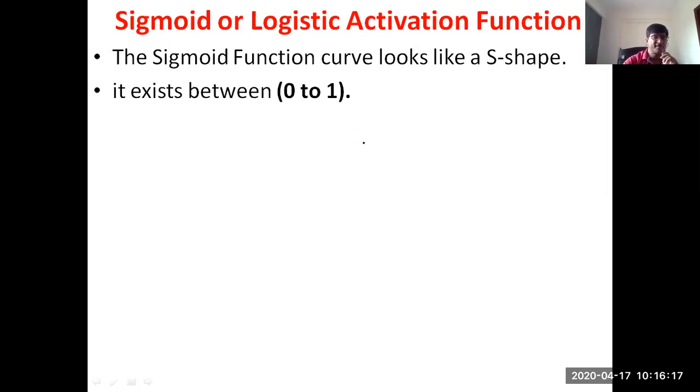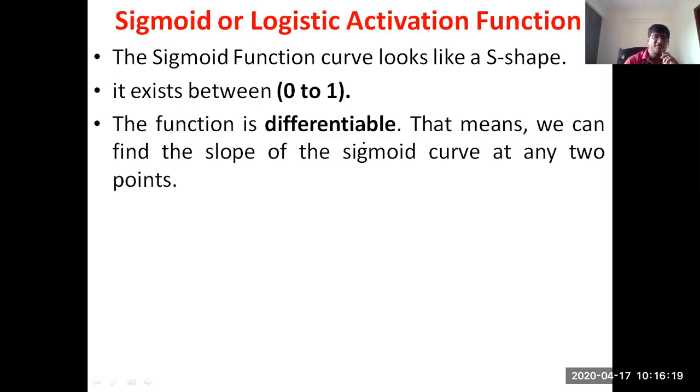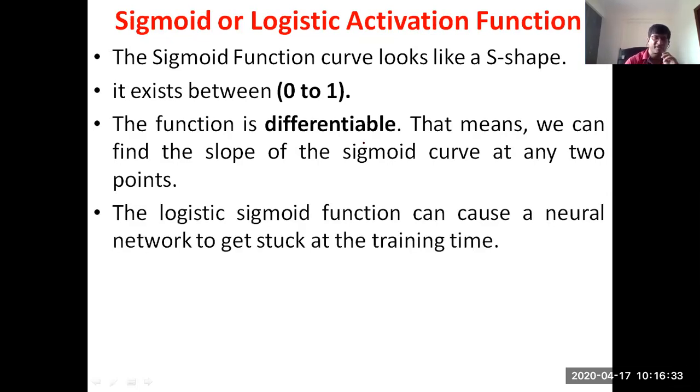This function is differentiable, which means we can find the slope of the sigmoid curve at any given point. But the logistic sigmoid function can cause the neural network to get stuck at a local minima, which is one of the disadvantages of the logistic function.